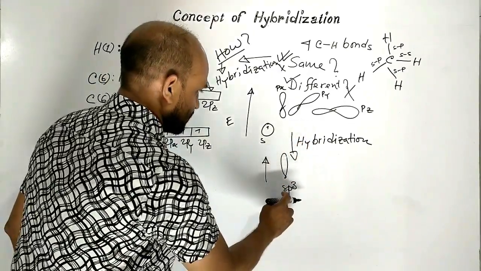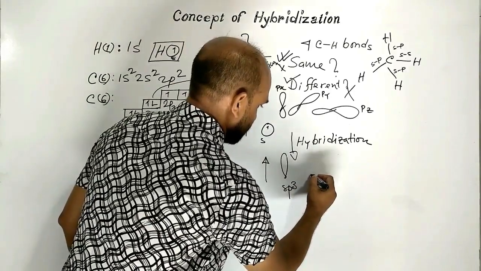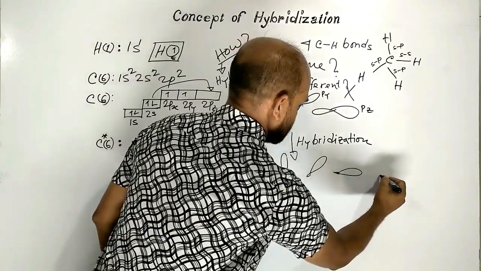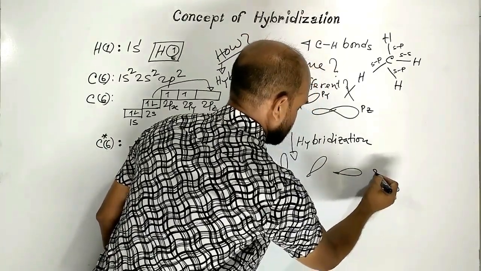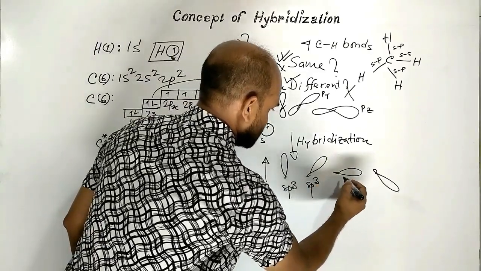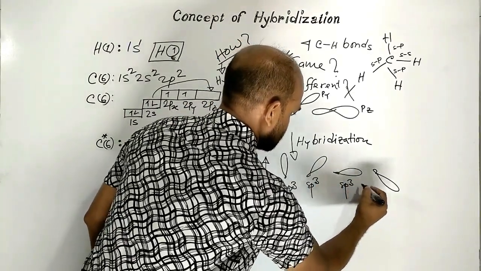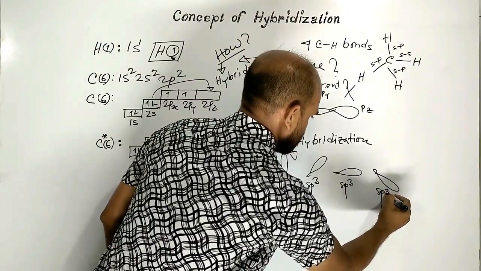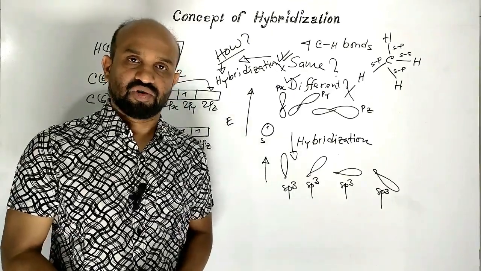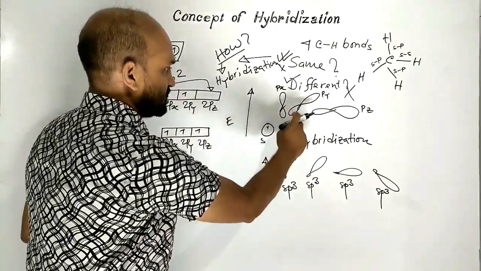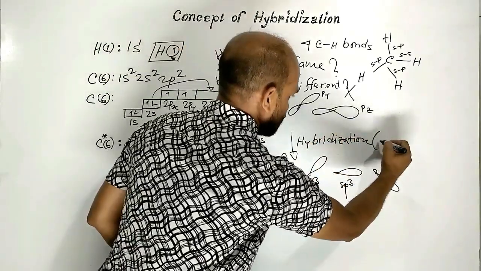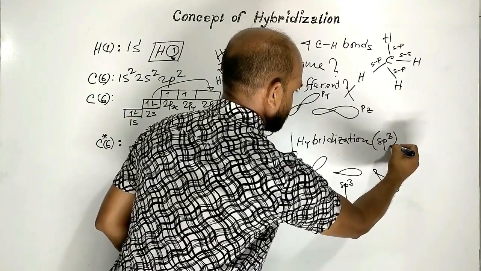That is why after mixing, four orbitals are formed: this is sp3, this one is sp3, this is sp3, this is sp3. That is why this hybridization is called sp3 hybridization.